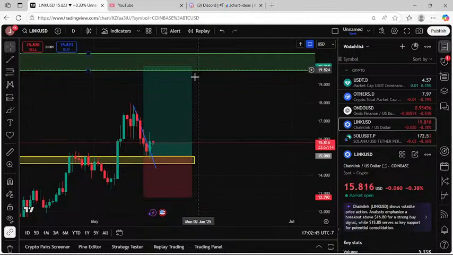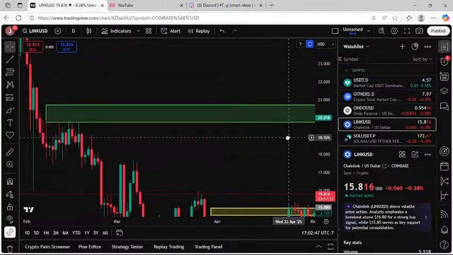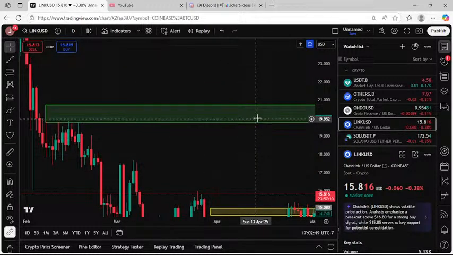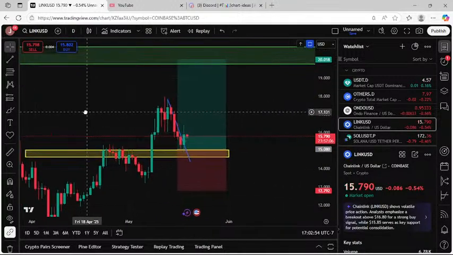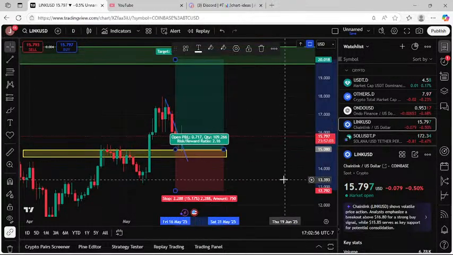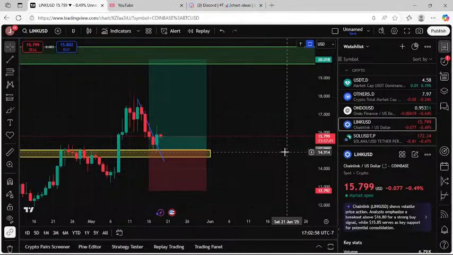So right here, $3 isn't anything crazy to think about. I'm really just kind of going up right here and reclaiming this range. Perfect.